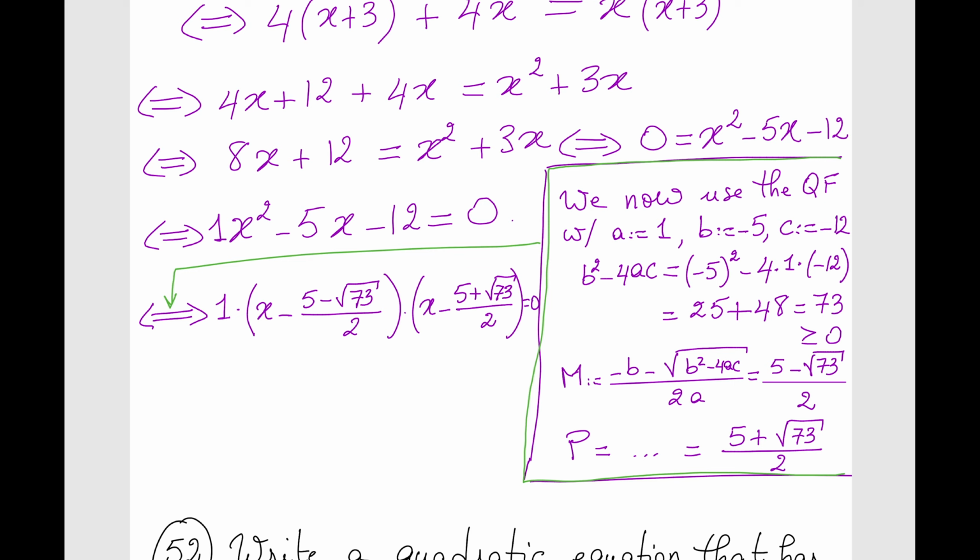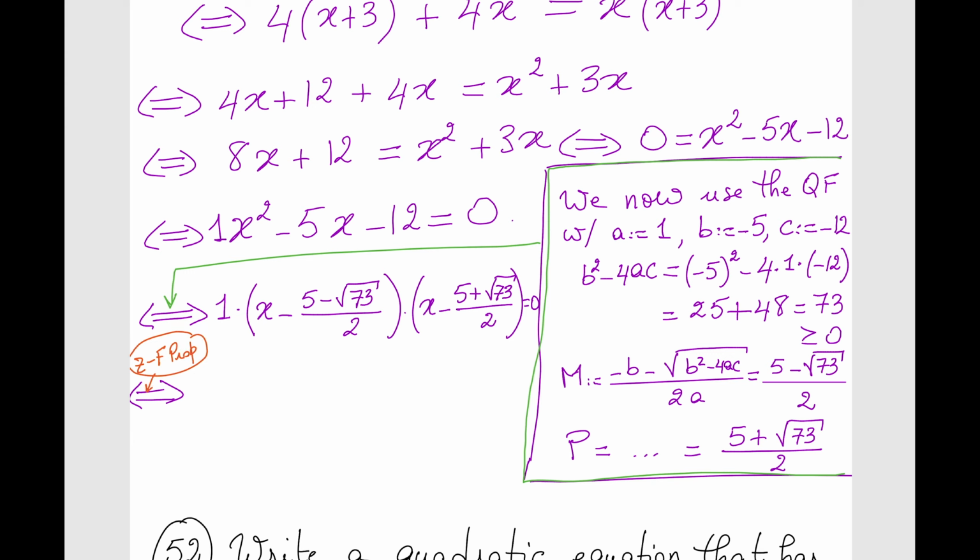Equals 0. Okay, so a product is equal to 0 if and only if, by the zero factor property, one of the factors is 0. So now the zero factor property kicks in.